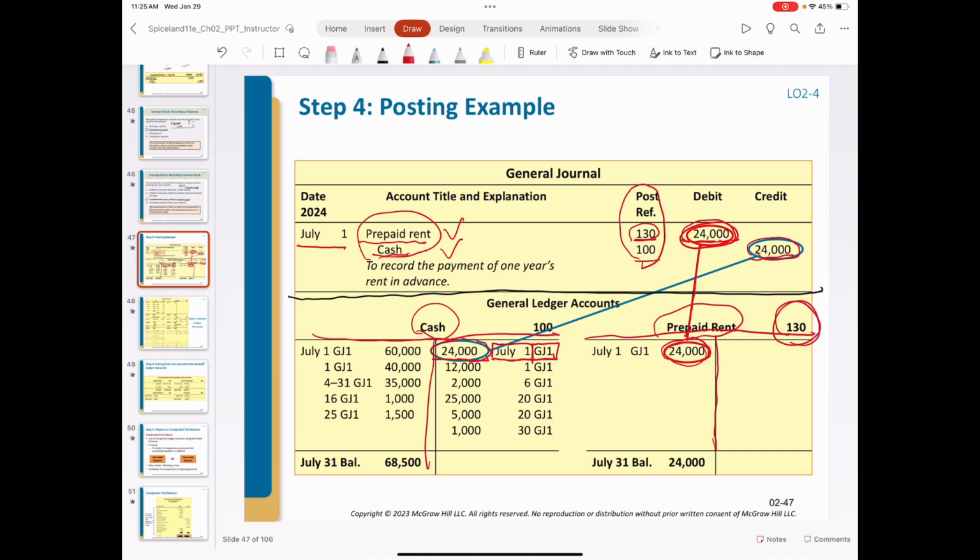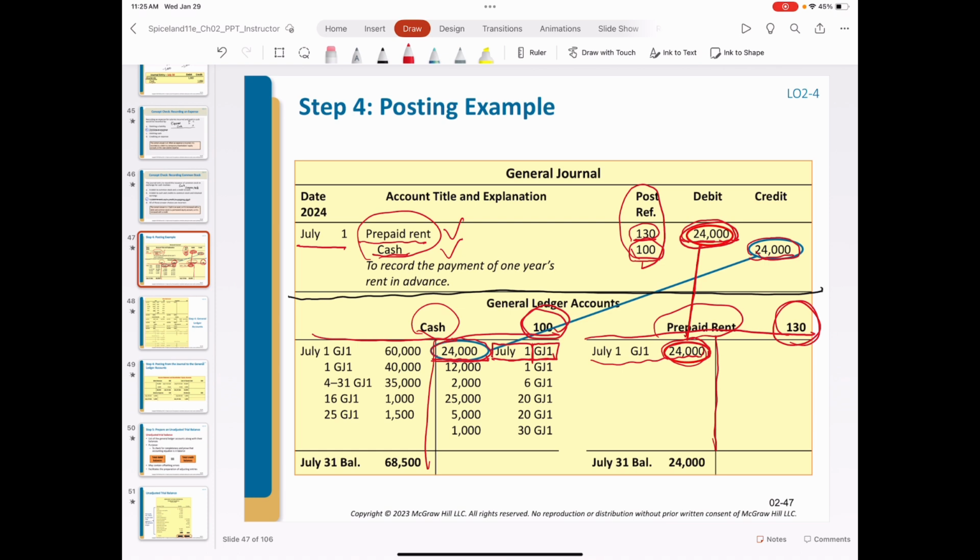And we go to the T account of prepaid rent in the ledger to check whether we did post this information or not, or did we post on the right side, debit or credit. 100 means the cash T account in the ledger. We will go to the ledger to check whether the $24,000 credit was posted appropriately.